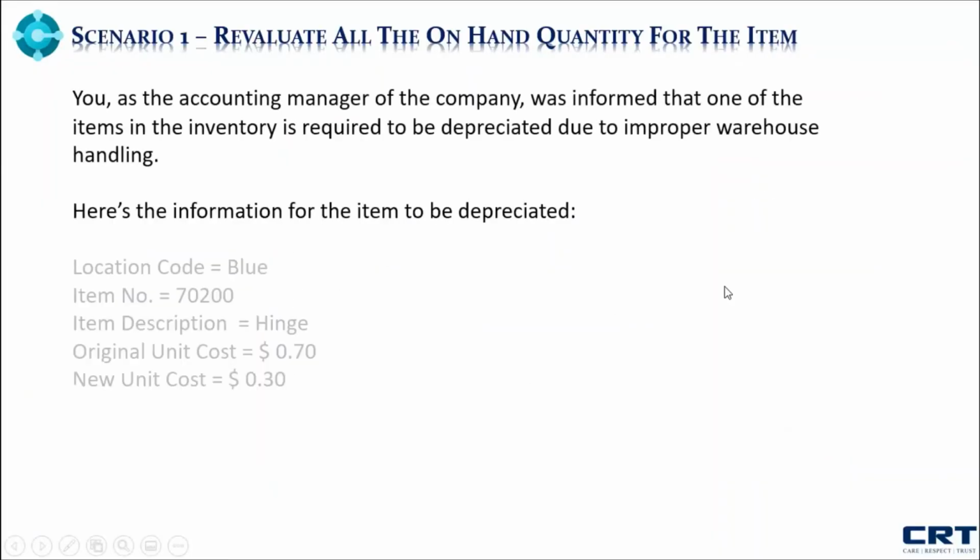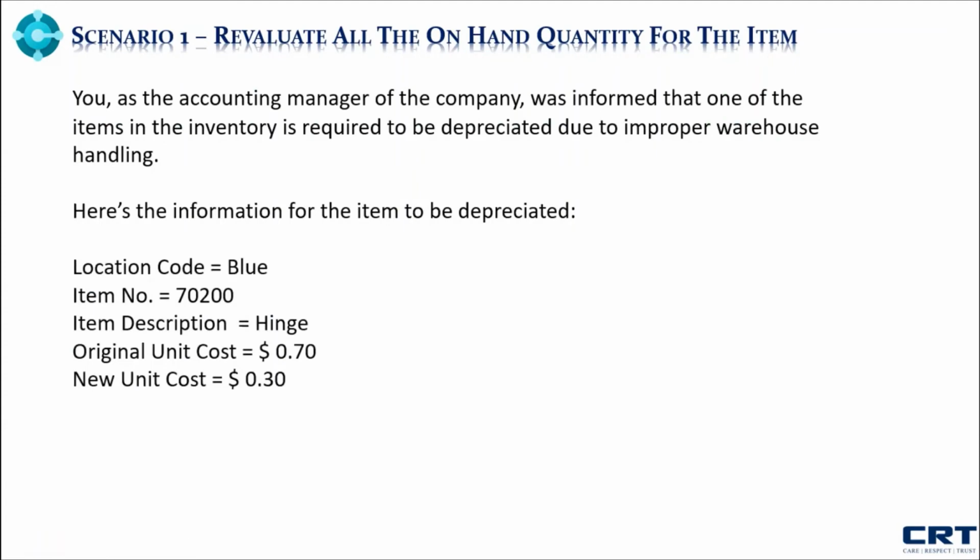Okay, just now we have tried the item hinge to depreciate the value for all the on-hand quantity on the location blue. So here's some notes for you. The revaluation is also related to the costing method of the items.